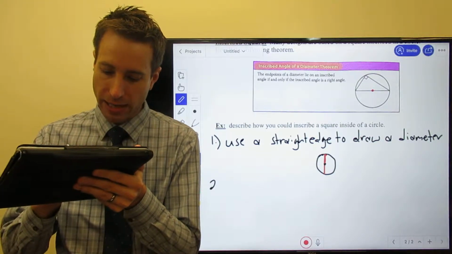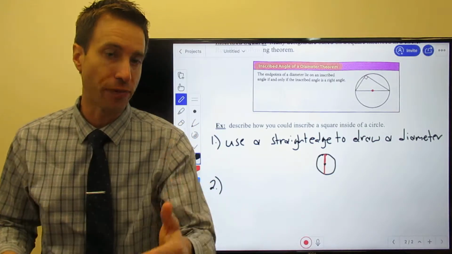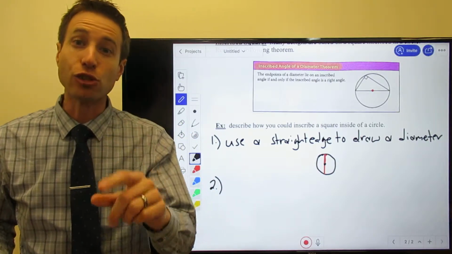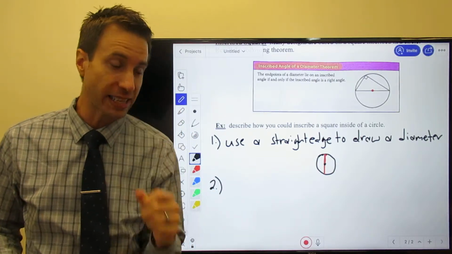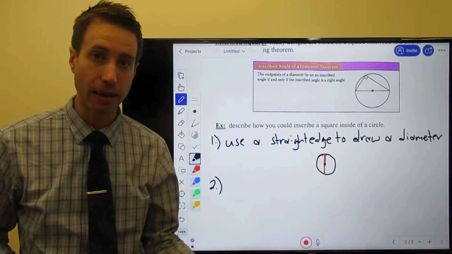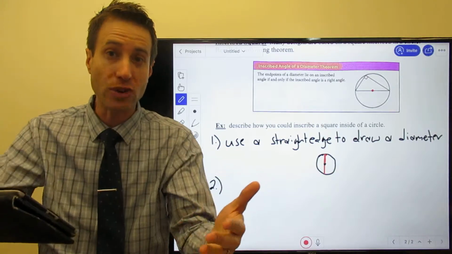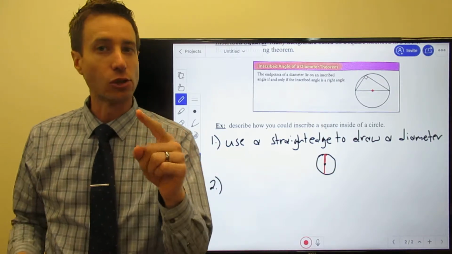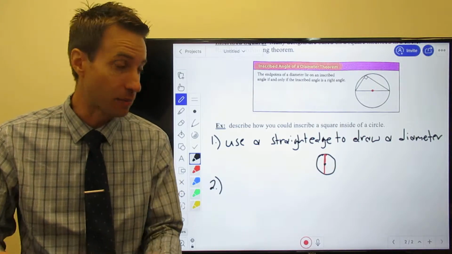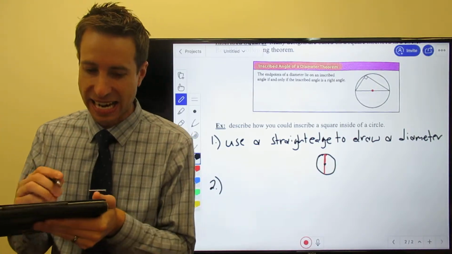So now that you've got your diameter, step number 2, since you've got that straight edge, a ruler or something like that, you're going to draw 2 chords. You need to draw 2 chords connected to the end points of your diameter that create an inscribed angle. As long as those chords are the exact same length, you'll know that it'll create a 90-degree angle.